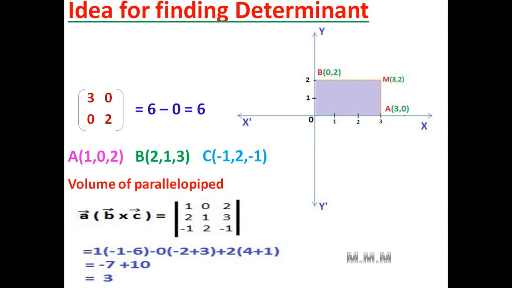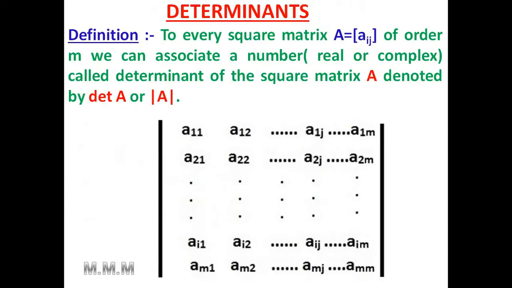Now we are going to look at the definition of a determinant. To every square matrix A = [aij] of order m, we can associate a number, it may be real or complex, called the determinant of the square matrix A. It will be denoted by det A or |A|.